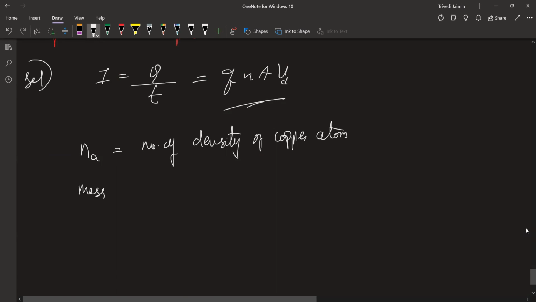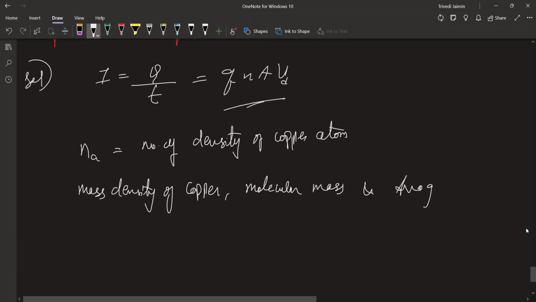By mass density of copper, then molecular mass and Avogadro's number.